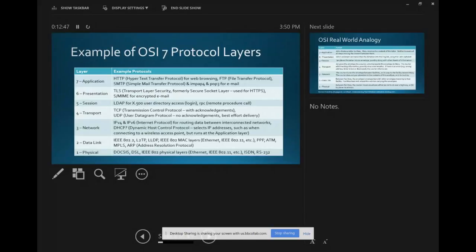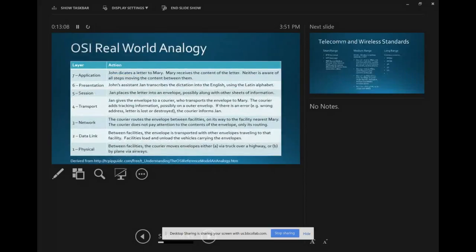The physical link, that's where you get into things like DOCSIS. That's the protocol that uses cable television technology to move data about. DSL uses telephone technology to move data about, and the lower layers of Ethernet.